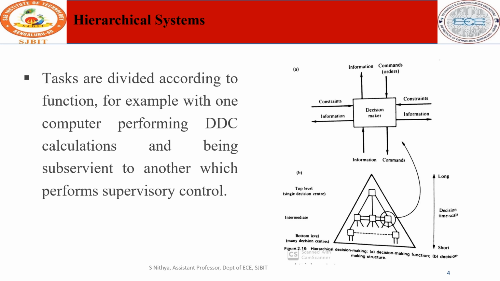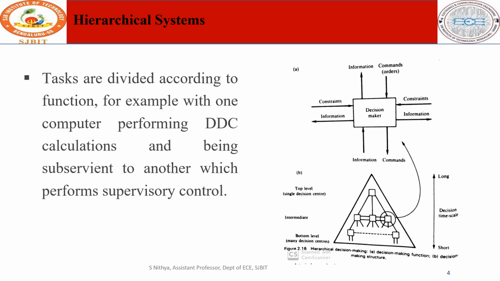If you look at this diagram, there is decision making here. The inputs are the constraints and the commands which come from above, and the output is information. In the same way, the constraints come here, the information is the output, and at the lower level the input is information.